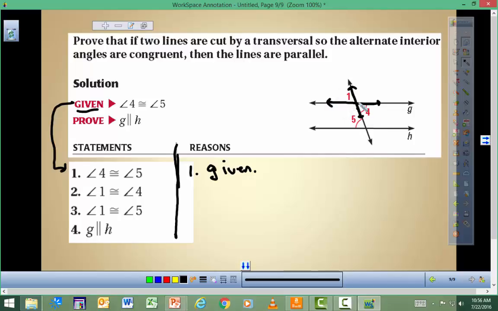So angles 1 and 4 are vertical angles. And we learned back in chapter 2 that vertical angles are congruent. So this is simply called the vertical angles are congruent theorem.